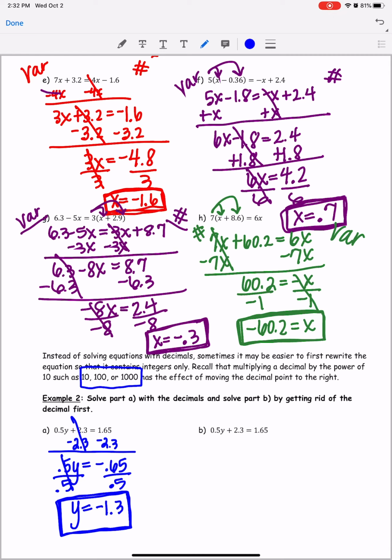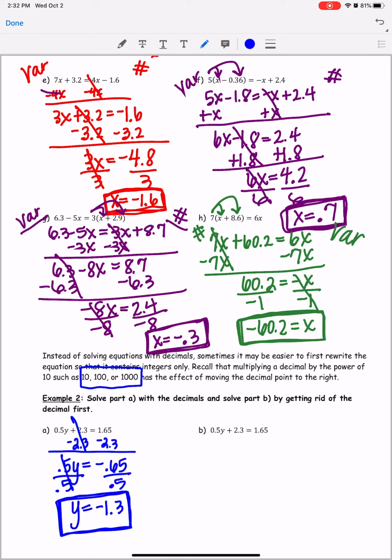Now, to pick out which power of 10 you want to do, you want to see how many times you want to move the decimal. If you want to move the decimal only one time, you're using 10. If you want to move it 2 times, you're using 100. If you need to move that decimal 3 times, you're using 1,000. However many times you need to move the decimal, that's how many zeros you need.